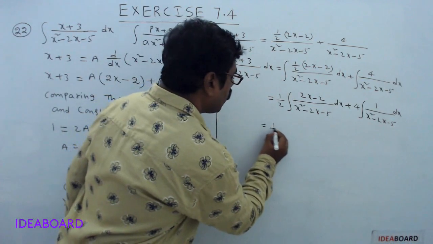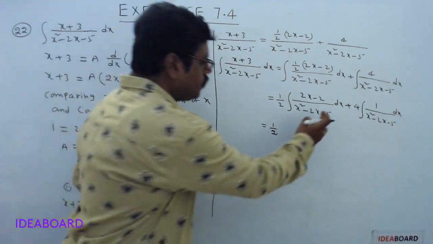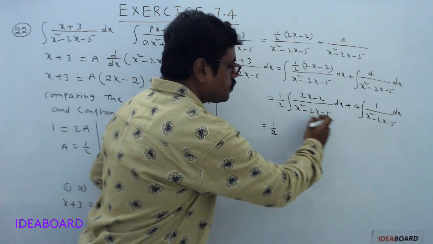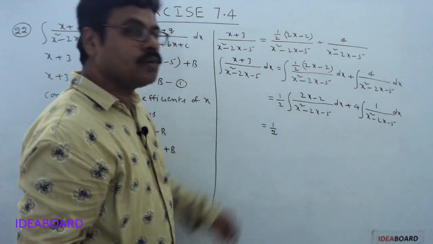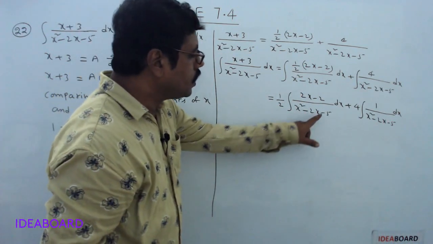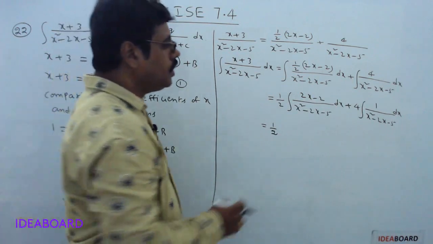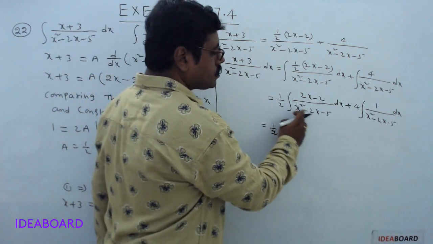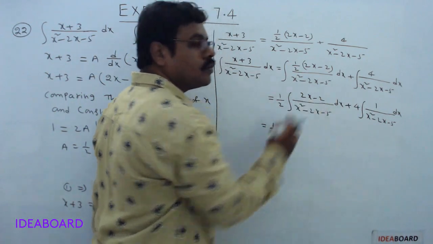Now this is 1/2 into, now what is the derivative of x² − 2x − 5? Derivative of x² is 2x, minus derivative of 2x is 2. Now clearly the derivative of x² − 2x − 5 is 2x − 2.